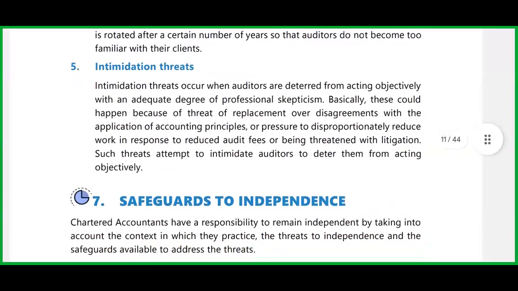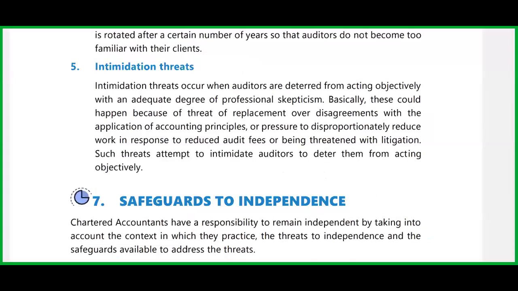The last one is the intimidation threat. It occurs when the auditor is deterred, stopped from acting objectively with an adequate degree of professional skepticism. Basically, this could happen when the threat of replacement over disagreement comes into the picture.